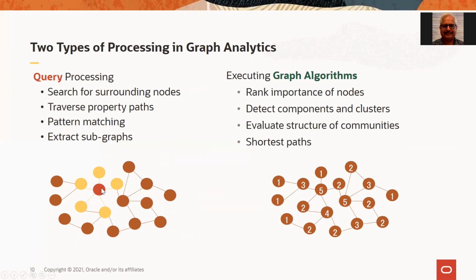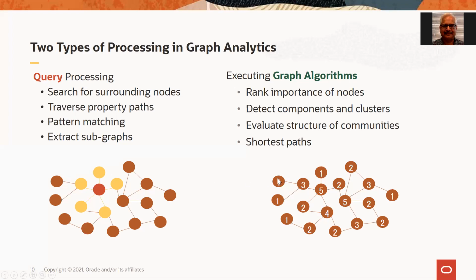People would look at a given bank account and the direct connections, so the ones which are connected through financial transfers with that fraudulent bank account, and then look at a wider scope of how that indirect bank account is connected to a third bank account, and so looking at the entire network of things. That's the interactive, mostly query processing, looking at environments of given vertices, looking at property paths, doing pattern matching, and so forth. That's the one class of applications.